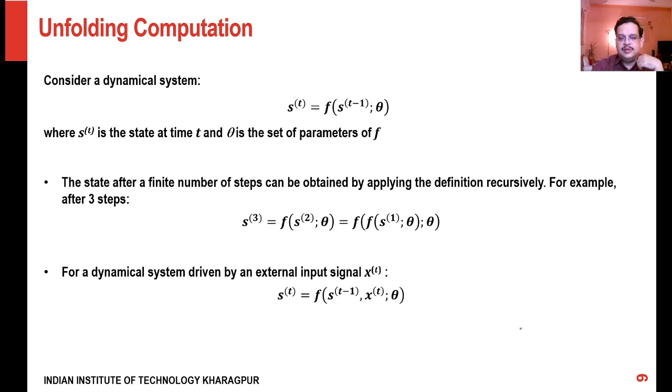This represents my current state, this represents my current input at this particular time t, and this is the set of parameters. This gives me the state to which I am migrating in the t-th time step, from s_{t-1} to s_t, based on this transfer function.